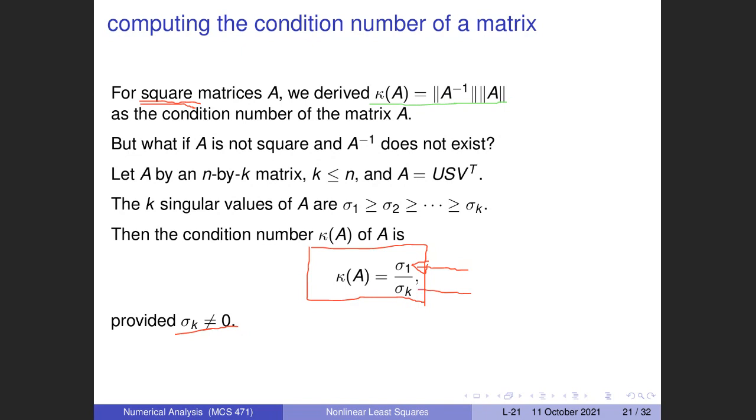The denominator captures when your matrix is close to being singular. In a linear algebra course, you may have talked a lot about determinants. Here, we don't really talk about determinants to capture the singularity of a solution. We look at the singular value decompositions.